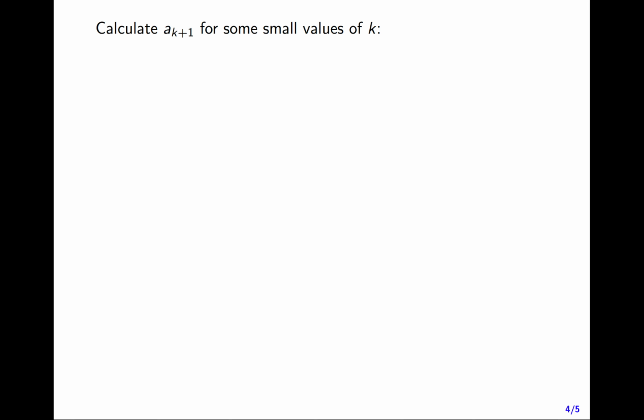And so to do this, it's helpful to calculate a_{k+1} for some small values of k and see if there is a pattern or an obvious formula that emerges. So a1 is equal to a_{0+1}, which by the formula is a0 over 0 plus 1, which is a0. Not exactly exciting there. a2 is a_{1+1}, which is going to be a1 over 1 plus 1, which is a1 over 2.